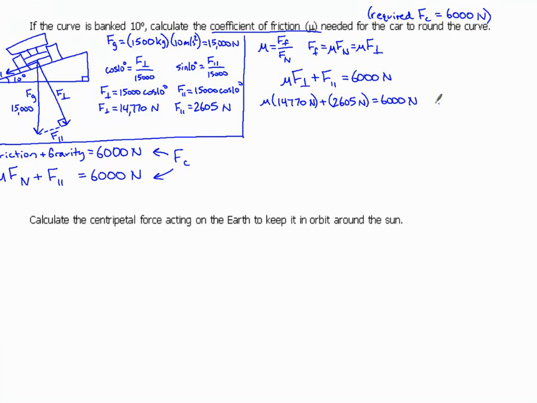So we'll subtract over the 2,605. That gives us 3,395 newtons. Divide both sides by this. And that gives us a coefficient of friction which is equal to 0.23.